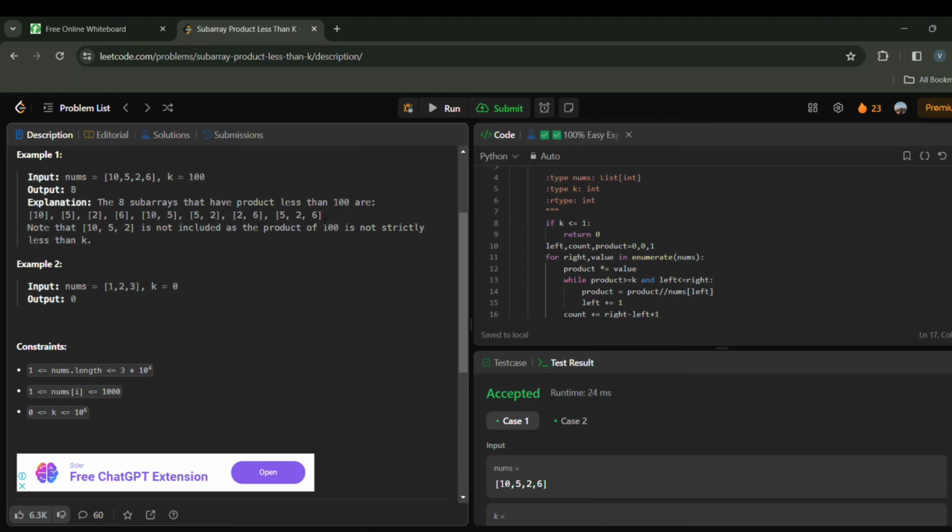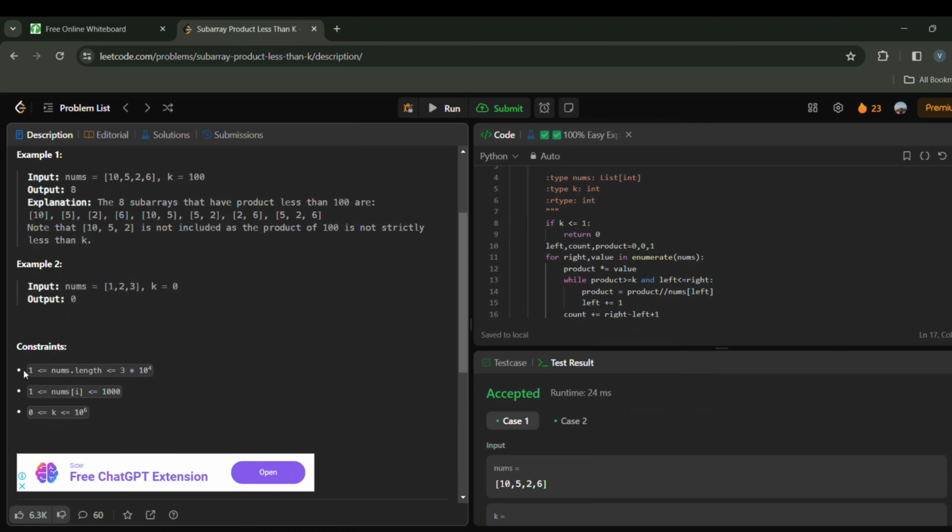You can see that in the example, and we have not included 10, 5, 2 in this subarray because the multiplication of these elements will be 100, which is not strictly less than 100, the k given.